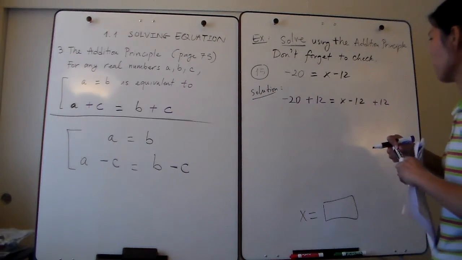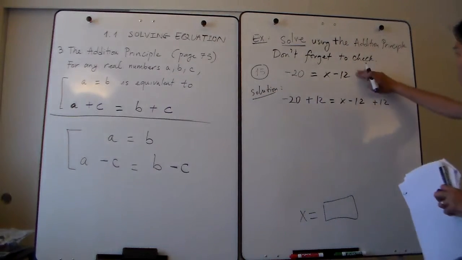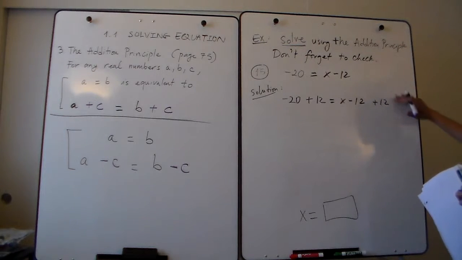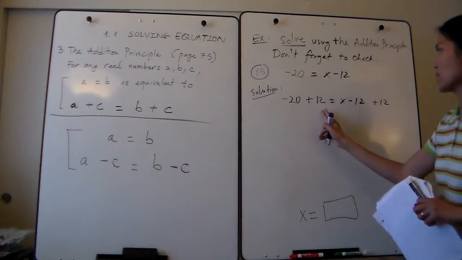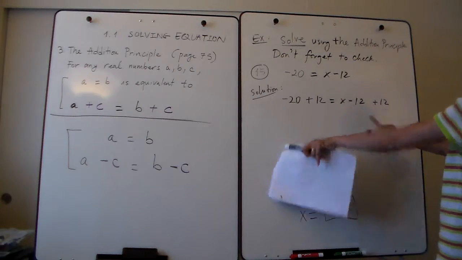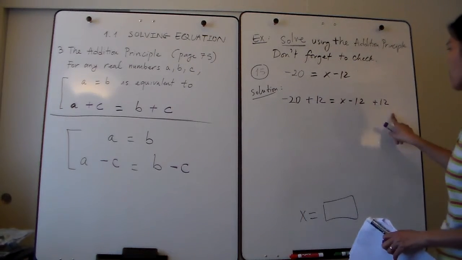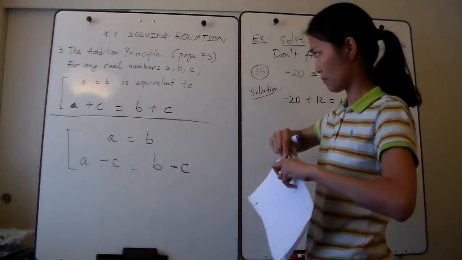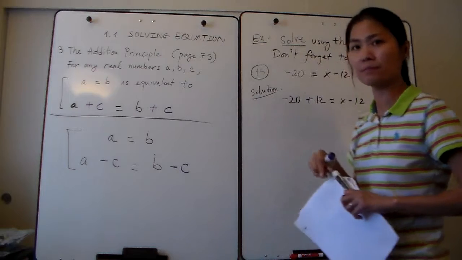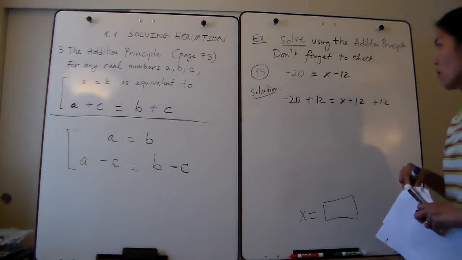Do you see that this equation and this equation are equivalent? Because this second equation right here, we just add the same constant 12 on both sides. It follows this principle right here, which is the addition principle.